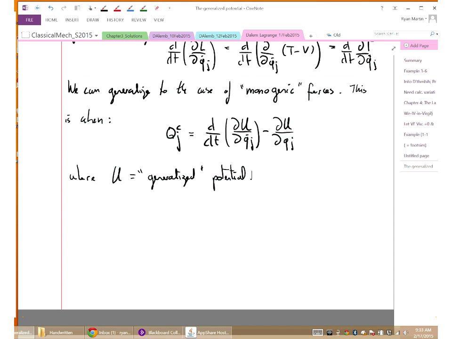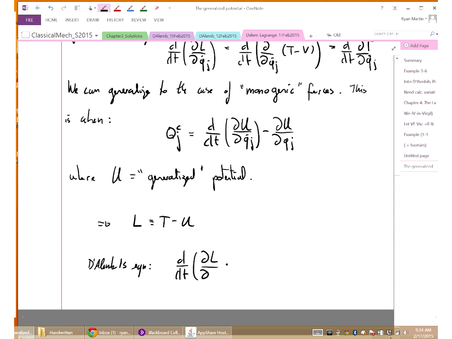So if we use this generalized potential U, then we can define L to be T minus U, and D'Alembert's equation will automatically be satisfied.